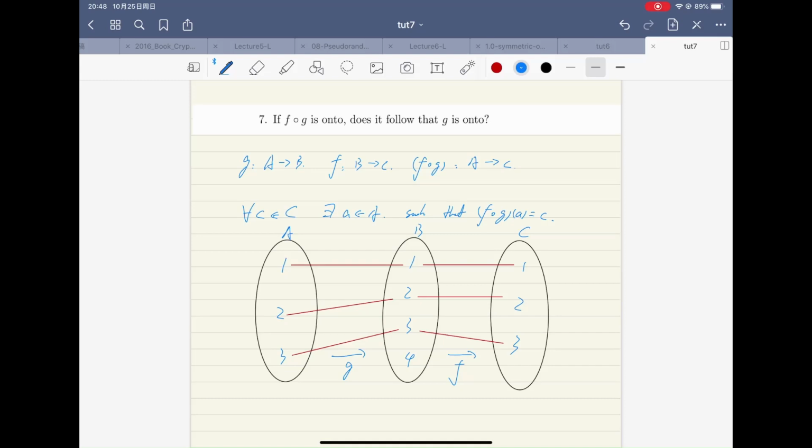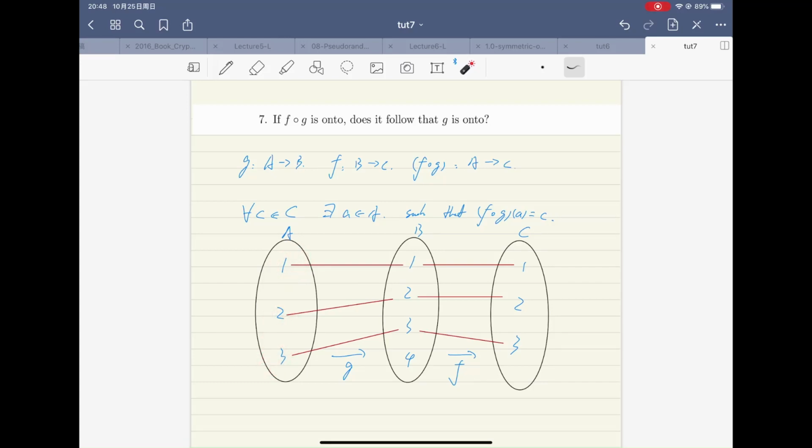So if the composition function f circle g is the onto function, that means for any value in the codomain C, we can find a corresponding value in the domain A here, right?